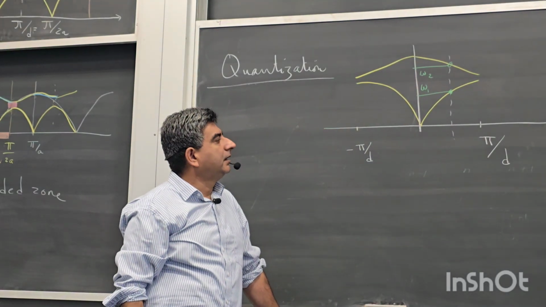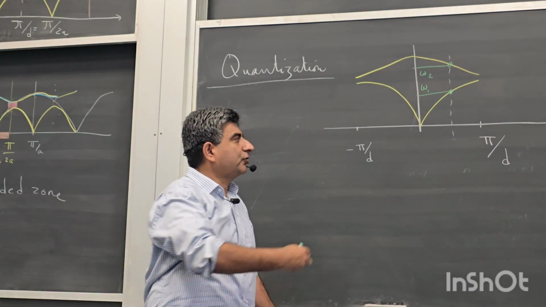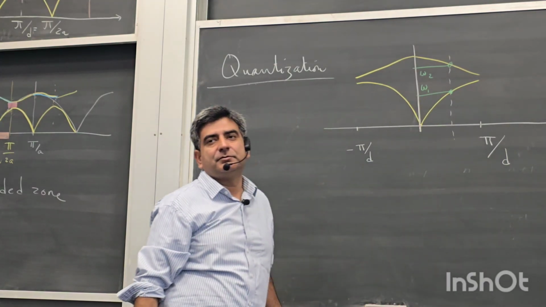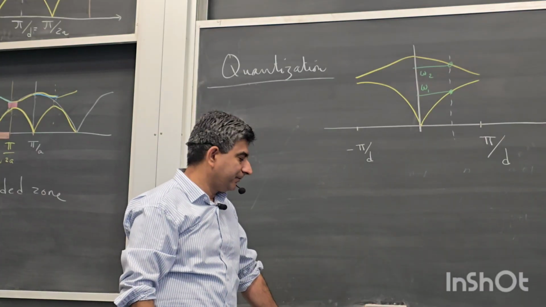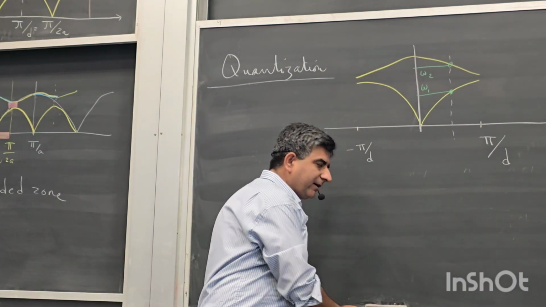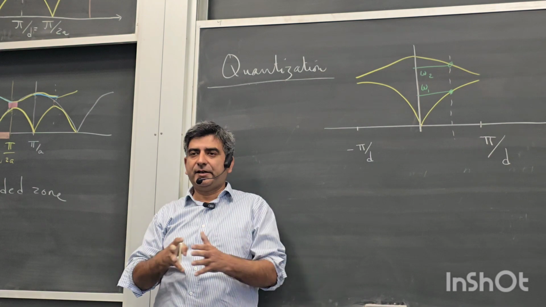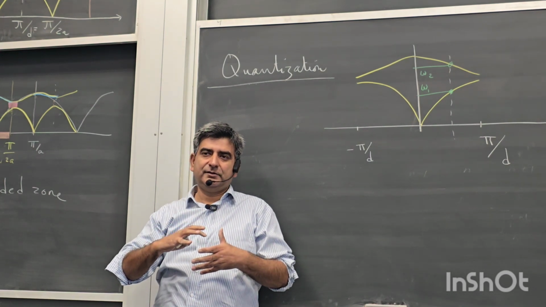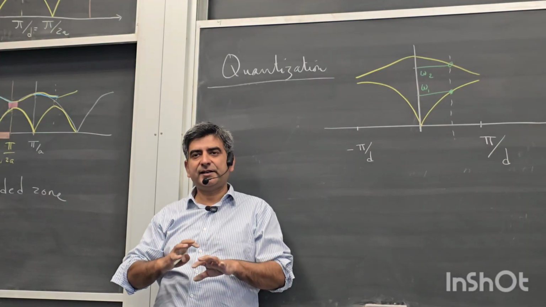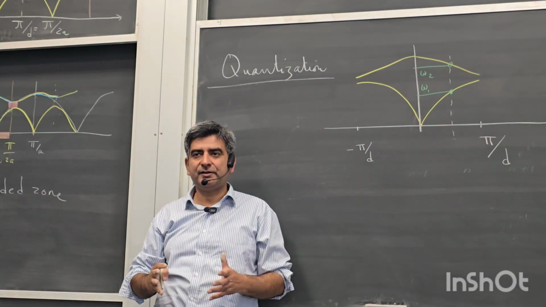Okay? And there is a continuum of K values. However, whenever you have an object of finite length or a 3D crystal of finite size, a macroscopic crystal of finite size, it has surfaces, it has edges.